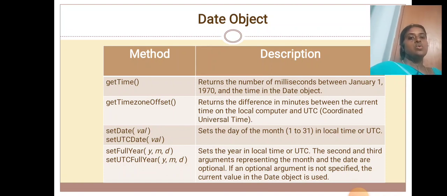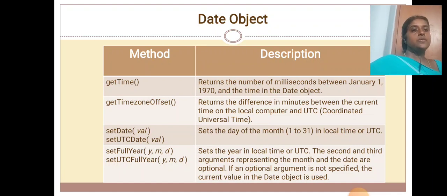getTimezoneOffset. This method is used to return the difference between the current time of your local computer and UTC, Coordinated Universal Time. For example, if you take some location as the common UTC value and we are from India, the difference between these two times will be given in minutes as a result.